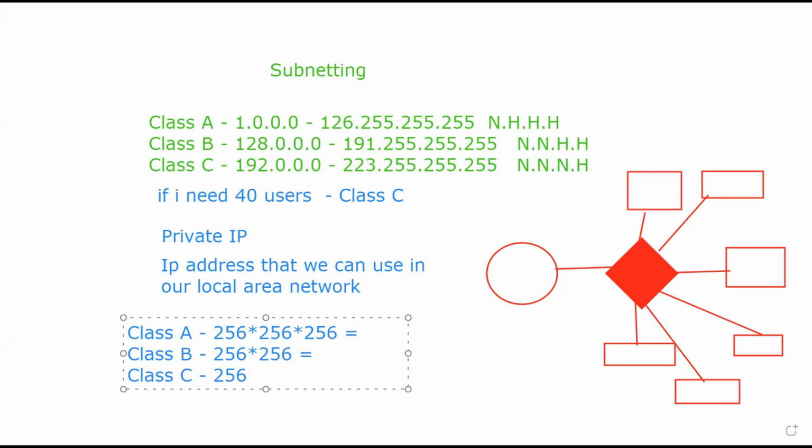So let me open our calculator. 256 into 256 into 256, how much is this?